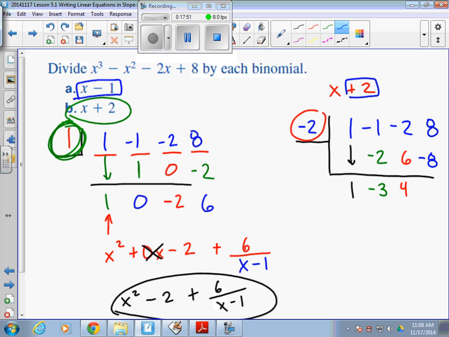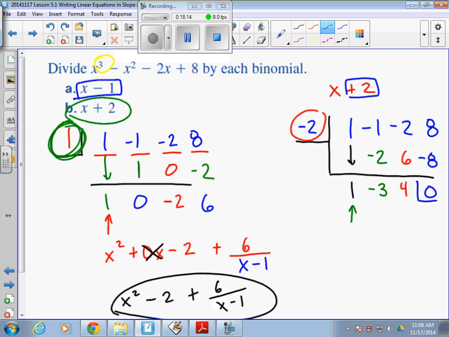A lot of times you're going to get 0 when you combine 8 and -8, because what that represents is there's no remainder there. So all you need to do is go back to your original one, and all you're looking for is its degree, x to the third power. You're going to go 1 less than that.